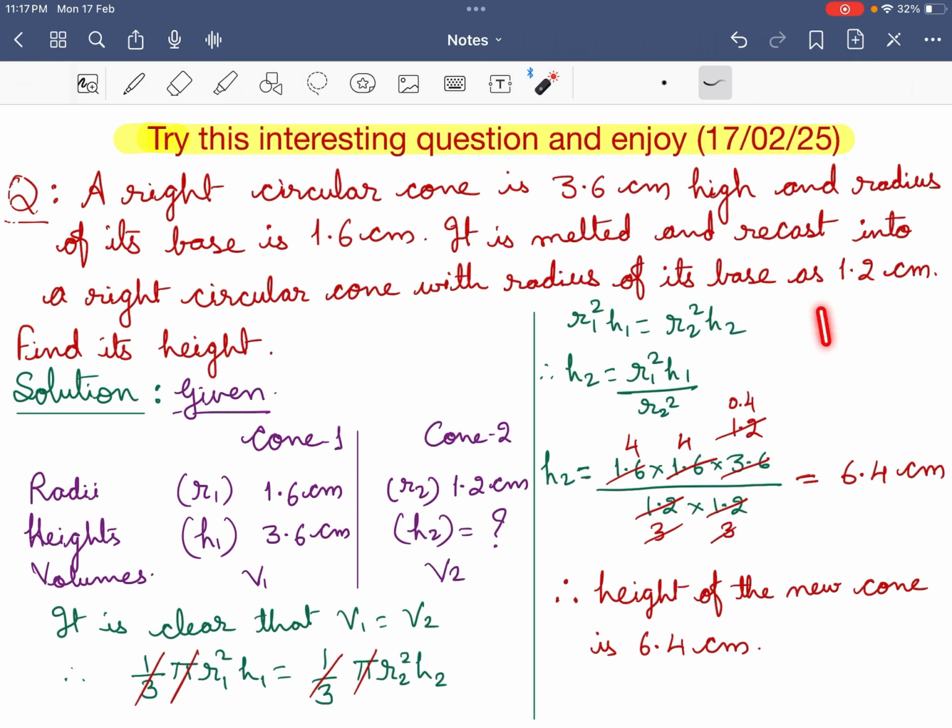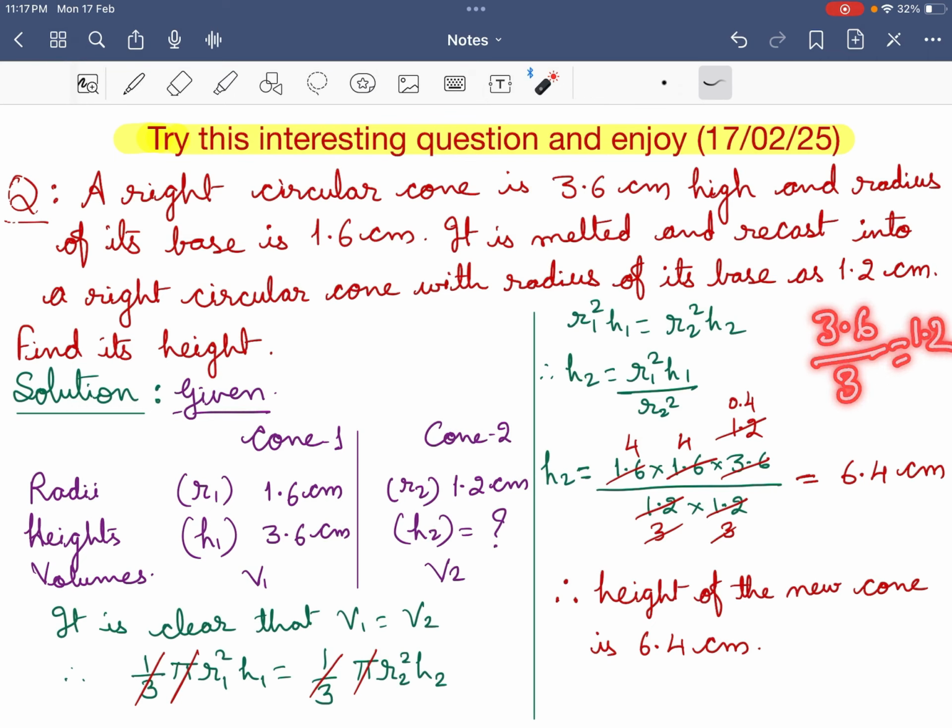Right, everyone? It's a detailed explanation I have uploaded many times on my channel. So 16 by 12 means we are getting 4 by 3. 4 fours are 16, 4 threes are 12. Same here also, 4 and 3.